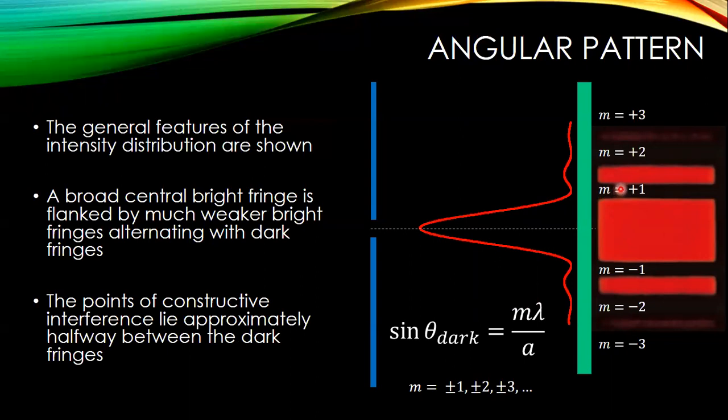Here, the two waves are off by half a wavelength. Here, they're off by 1.5 wavelengths. Here, they're off by 2.5 wavelengths, and so on and so forth. So once again, we can see where our different dark fringes are going to occur. And notice that there's no m equals 0. That would correspond to the center of this, which is clearly a bright peak.